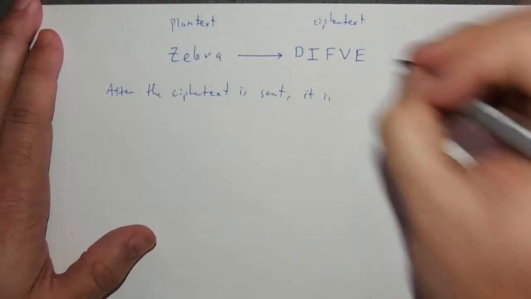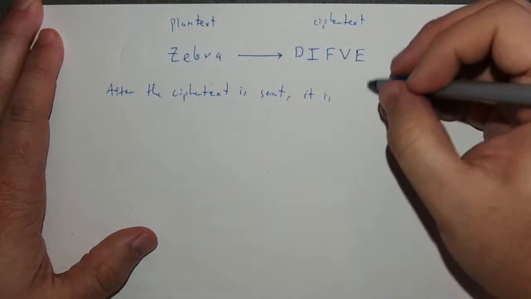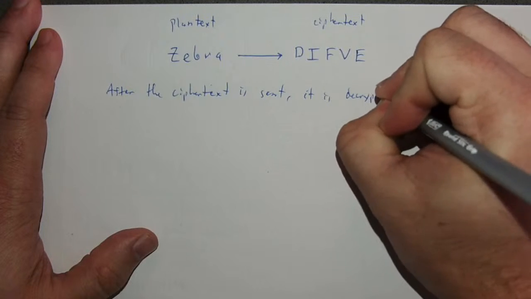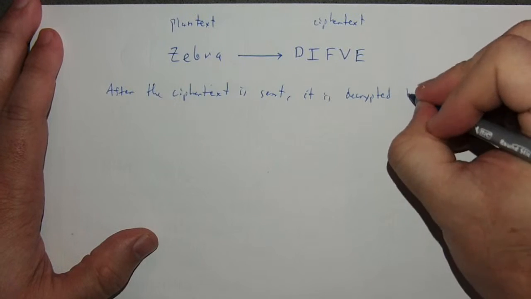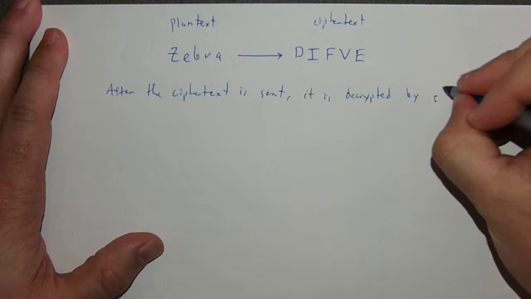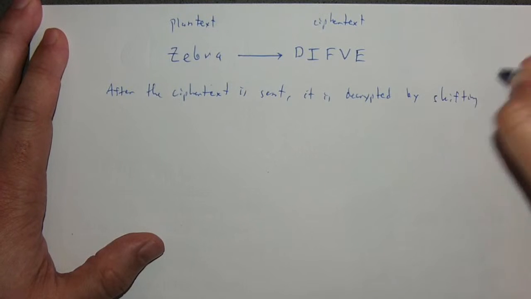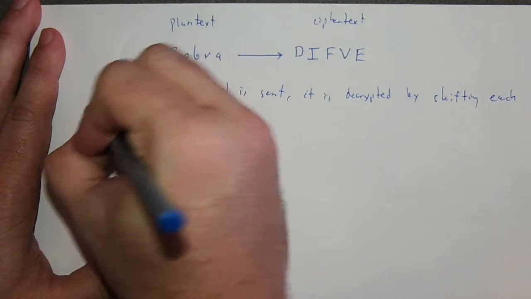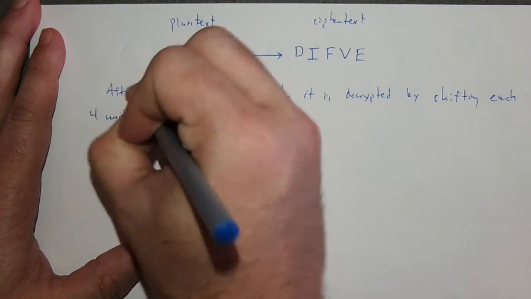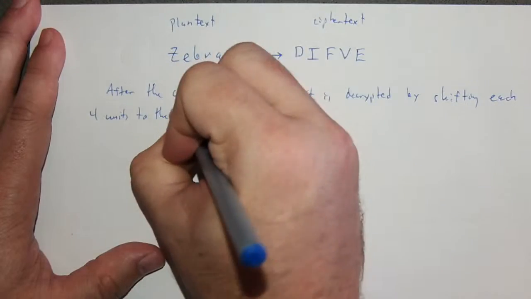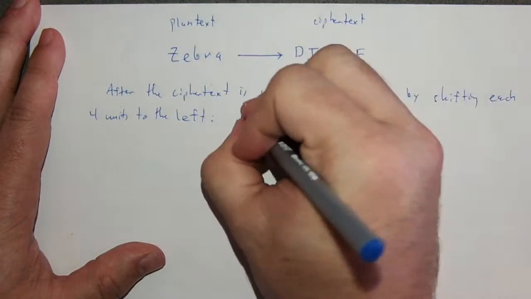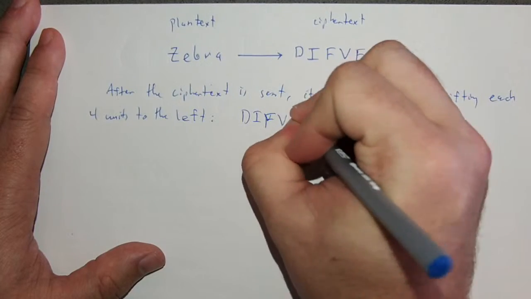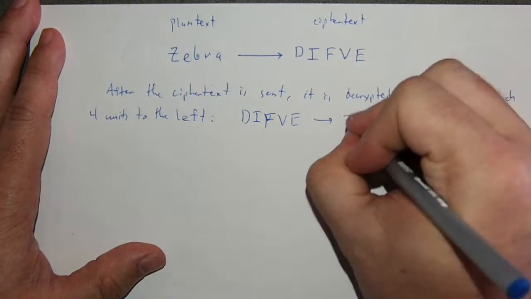it is decrypted, right? By shifting each letter 4 units to the left. So DIFVE gets shifted to zebra.